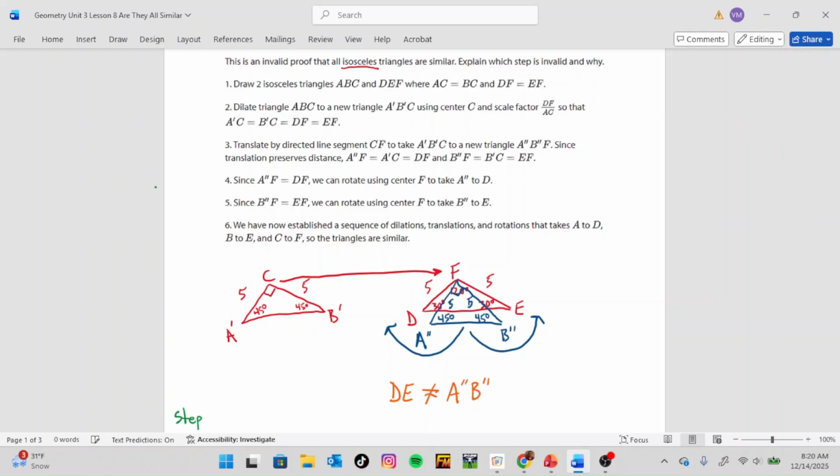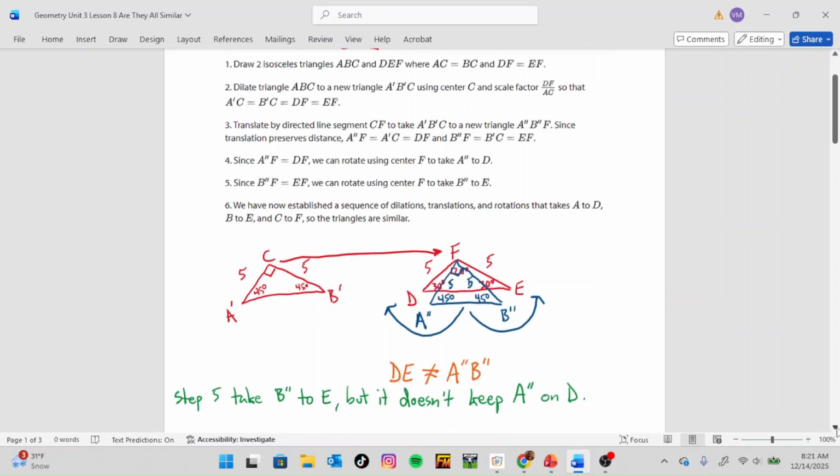Step 5 takes B double prime to E, but it doesn't keep A double prime on D. Now, because of this, the two triangles do not line up.